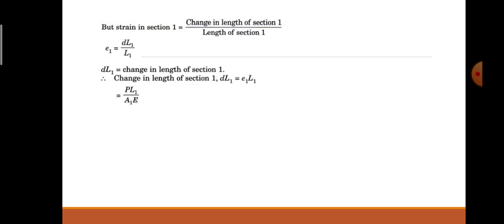Taking e1 in terms of stress and Young's modulus, dl1 is PL1 divided by A1E, where P by A1E is e1, as explained in the previous slide.